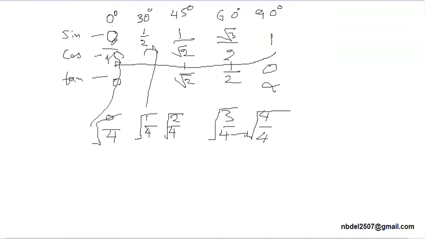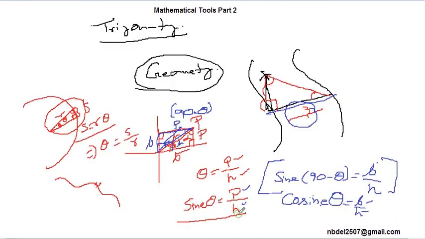This value 0 means sine 0 gives you 0. The actual meaning, if you go to the actual meaning, we can see here sine 0 gives 0. That means the perpendicular should be 0. So theta turns to be 0, and this value turns to 0, means this line coincides with this.